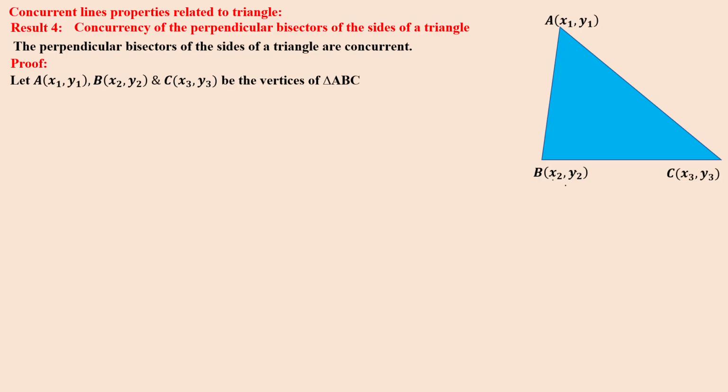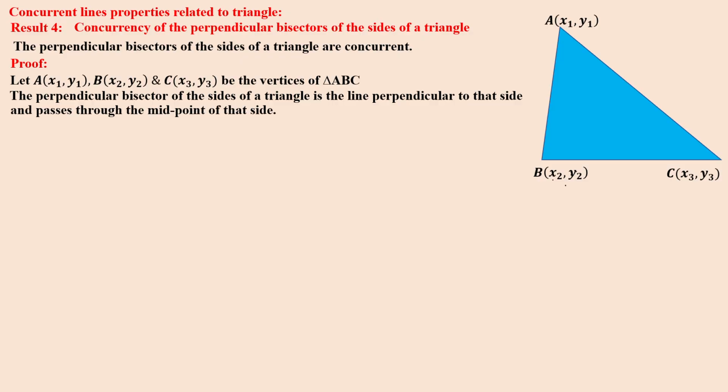But here we are taking the perpendicular bisector, just the line which bisects the side in two parts and which is perpendicular to that side. That is, the line perpendicular to that side and passing through the midpoint of that side, right? That is the point.